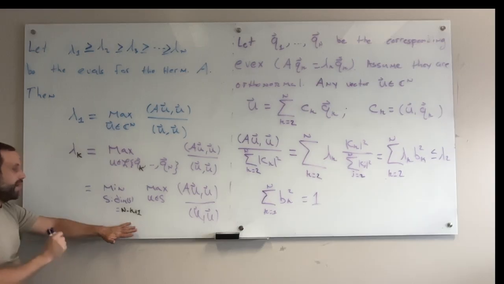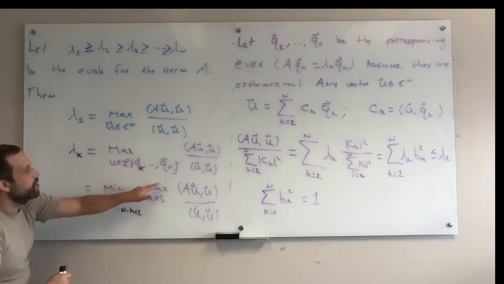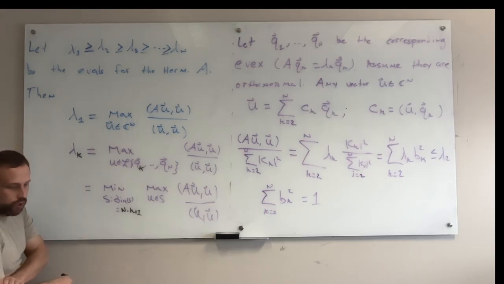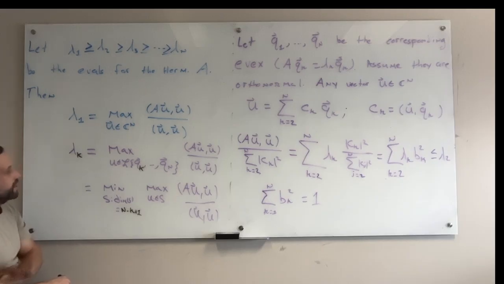The only subspace that is orthogonal to all of those vectors is the subspace spanned by Qk through Qn, and that's why these two things are equal to each other. Okay, so this is called the Courant-Fisher min-max principle, and like I said, it's a very useful principle and a very, very cool idea that we can have here.